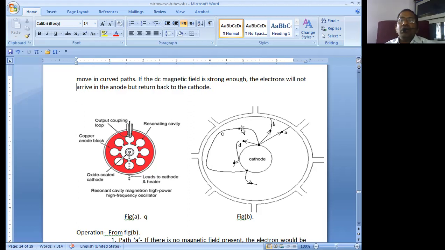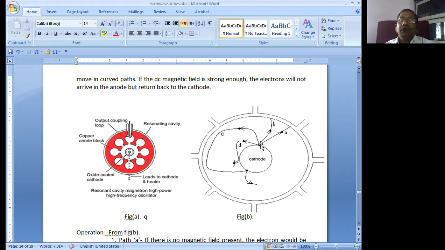So these electrons should compulsorily touch the anode so that we can collect the RF output signal. If the electron beam showing path D is not reaching the anode at all, then we won't collect any RF signal at the output. That means it is not generating any output from the output terminals.